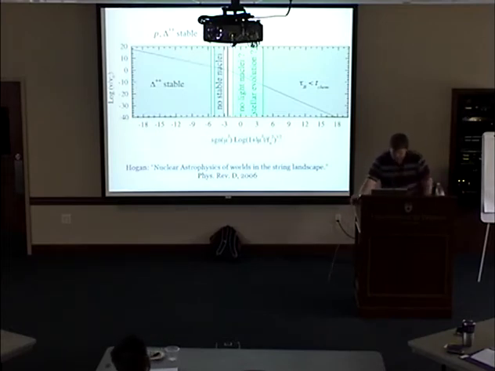There's a very good discussion of it in this paper by Craig Hogan. What he says is that it's a very robust place to place an anthropic bound, because there are a number of problems here. We could still have elements like carbon and oxygen, because the proton would still be stable inside a nucleus.